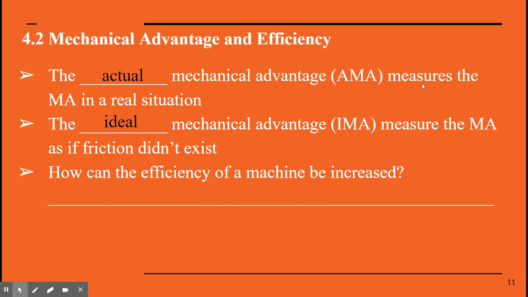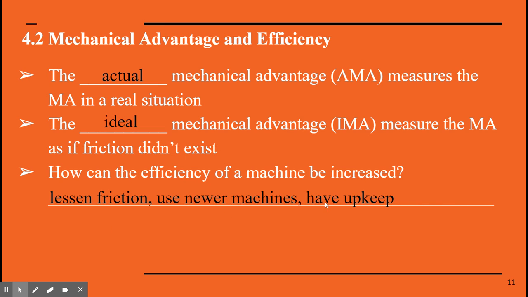Efficiency can be increased. There are things that can increase your efficiency. Think about what we were losing work to. Think about your car. Where are you losing a lot of the efficiency? Heat is a big one.